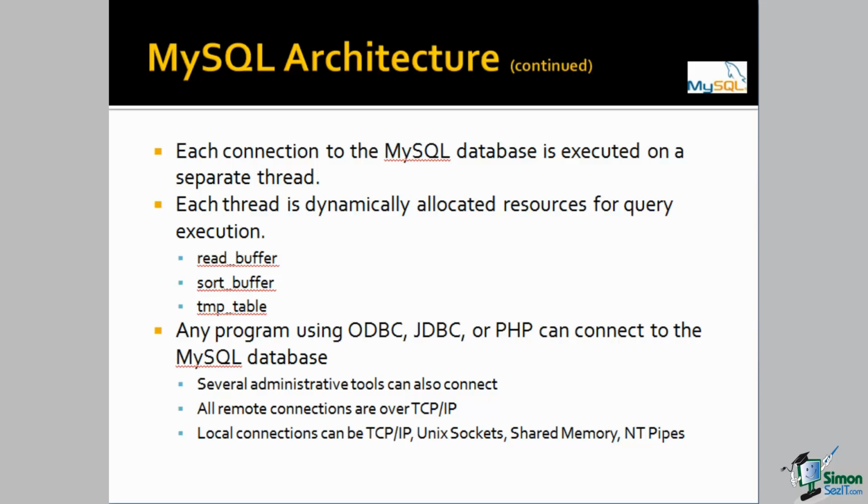These resources are those needed for management of the query and the return data from the database. So the read buffer, the sort buffer, the temp table, these are resources that are dynamically assigned to our connection thread and can be administered by the DBA when necessary for optimizing the performance.